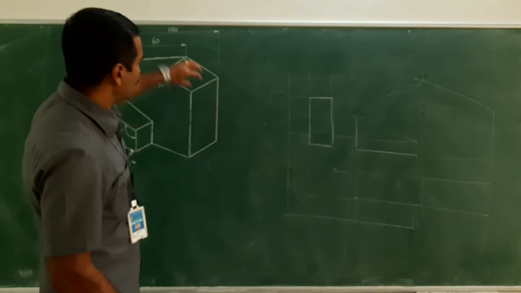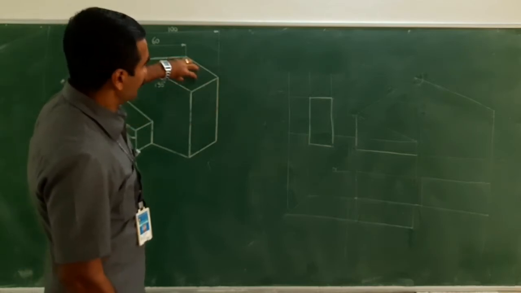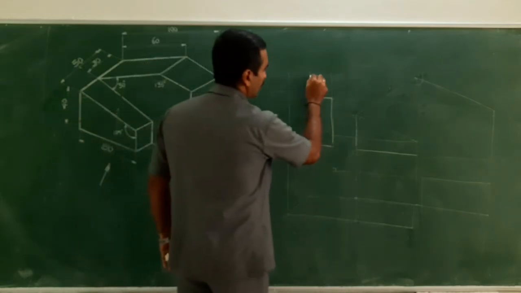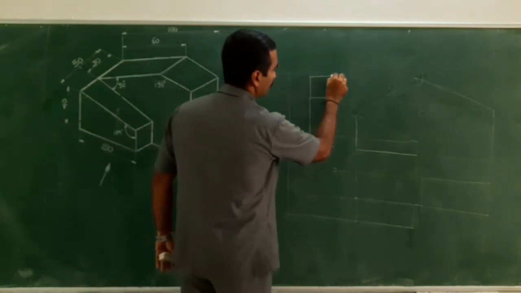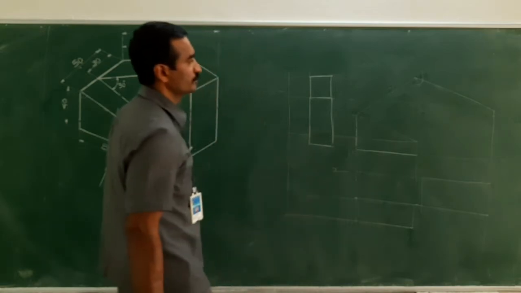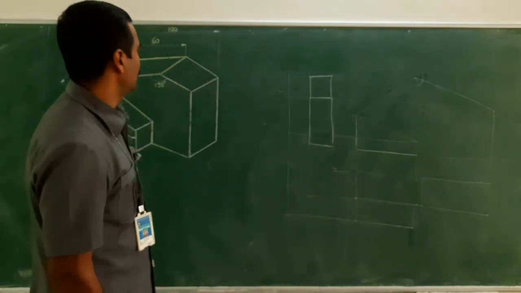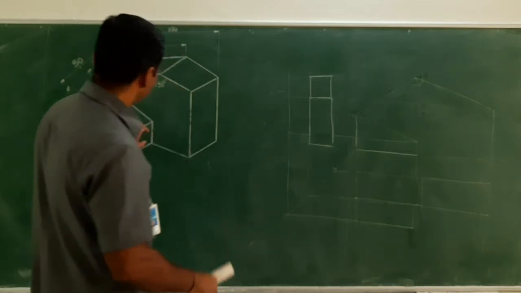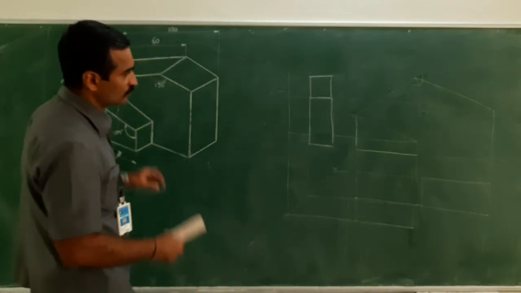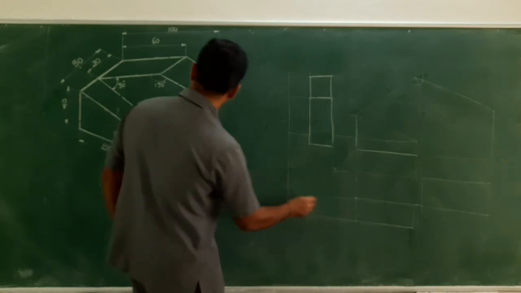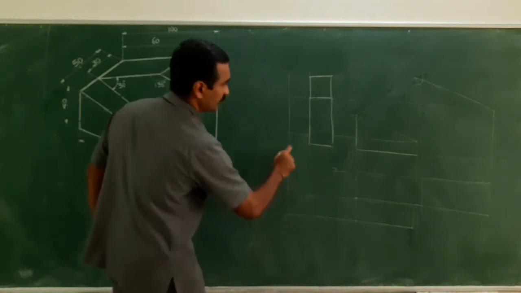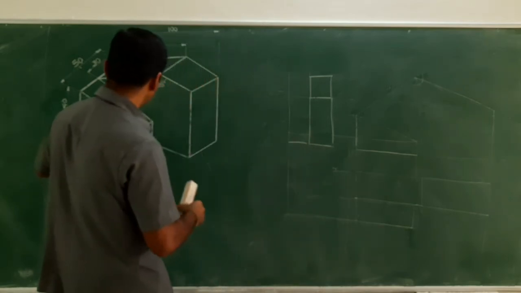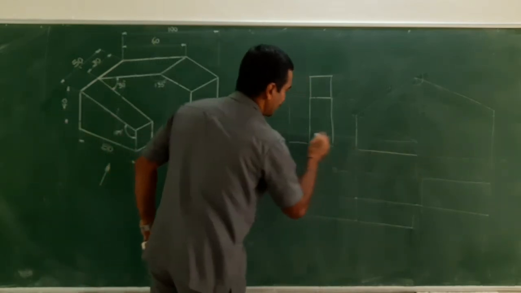This portion I have captured, and this portion, when I look from here, this also I could see, either square or rectangle. Got it? Right. Now, this small portion is also visible, right? Which has been captured from here up to the height of this one. That means this extension portion.